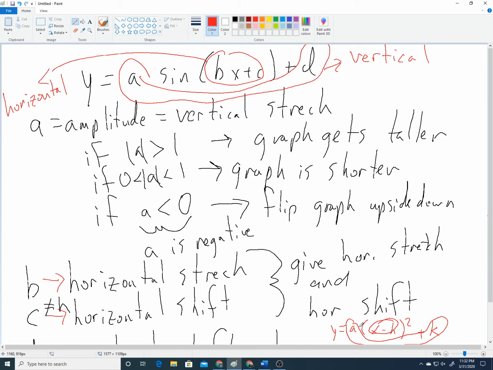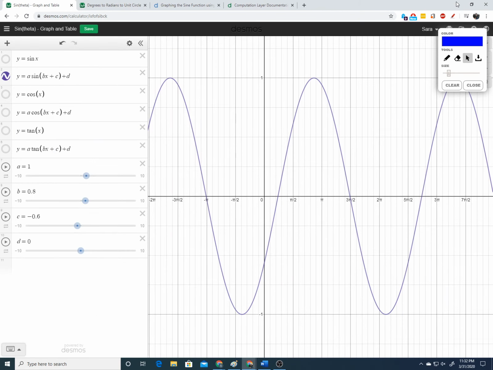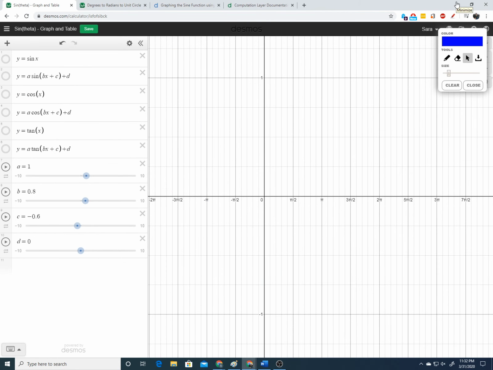Alright, so what I want to do now is focus on graphing with my trig functions, but I'm not going to worry about any of the horizontal stuff yet, just because I don't want to overwhelm you and do too much in a day. So, we're going to try graphing some functions, and then see how we do.